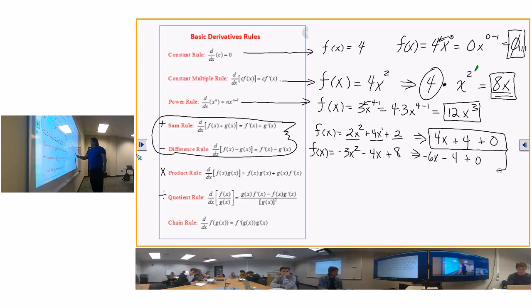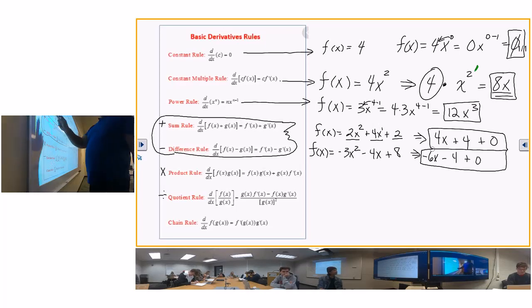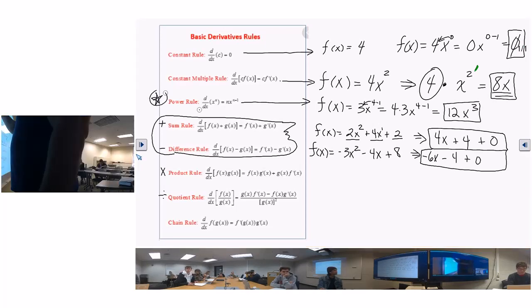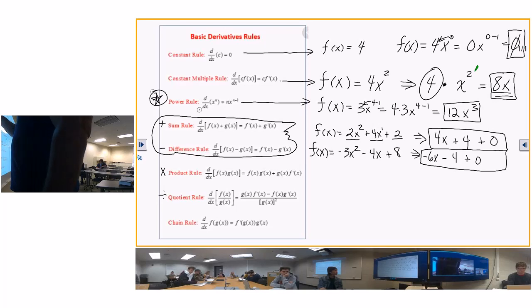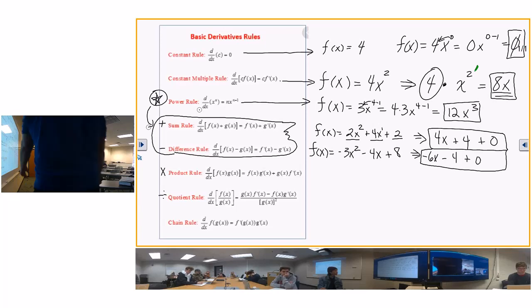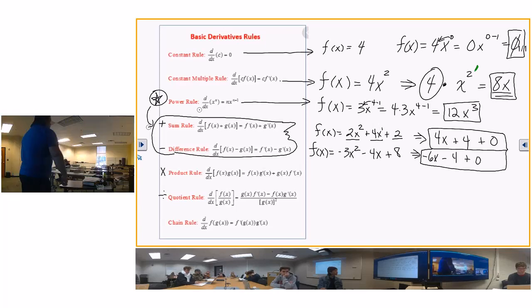So here we had a couple of negatives in there, but it didn't change anything. I still took the derivative of each one. So if you don't learn the power rule, guess what? Exactly. If you don't learn the power rule, then you're going to struggle with the remaining rules. So that's why 1.4 and 1.5 is very important.